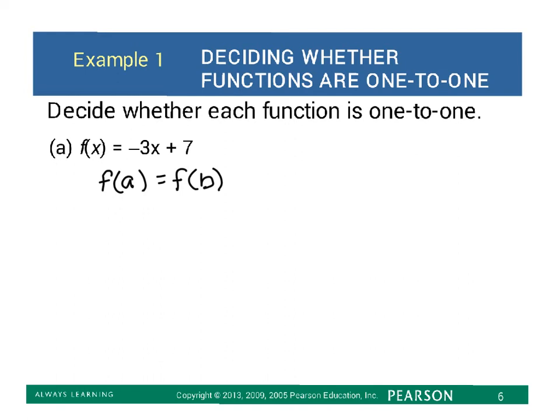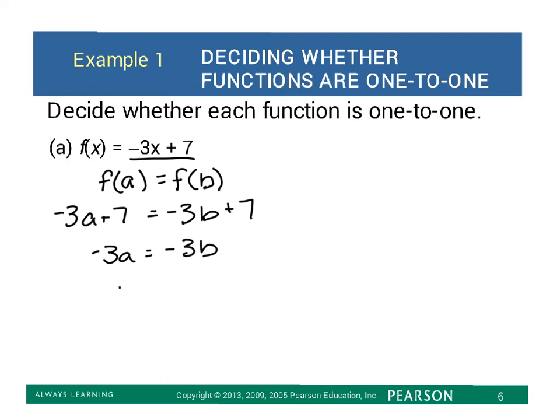So plug in a for your x value on this side, so negative 3a plus 7 equals, and then on this side of the equation, plug in b for our x value. Now solve the equation, reduce it as much as possible. We're going to subtract 7 from both sides to get this right here.